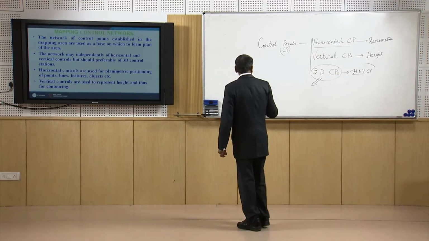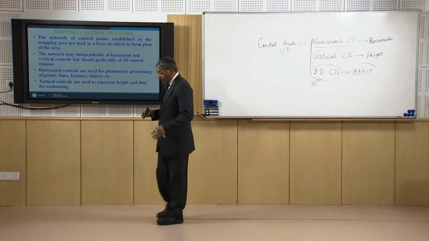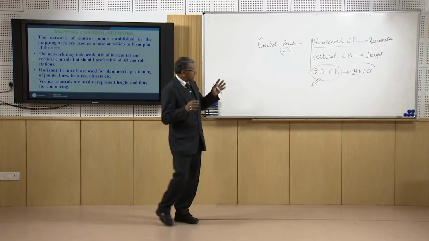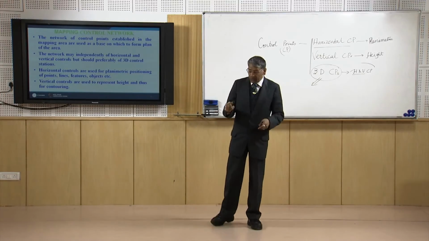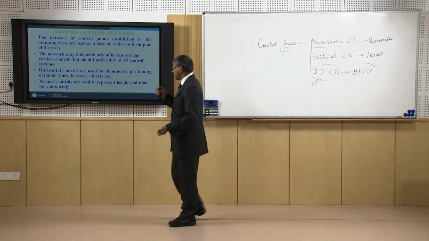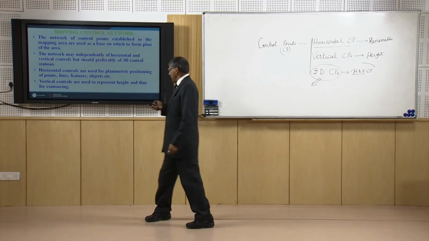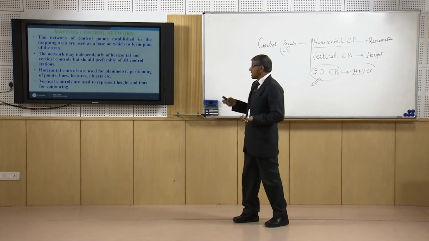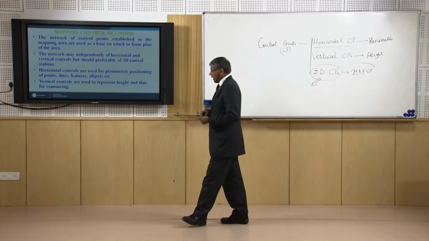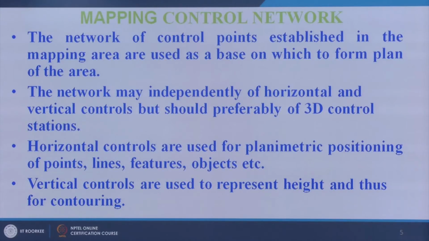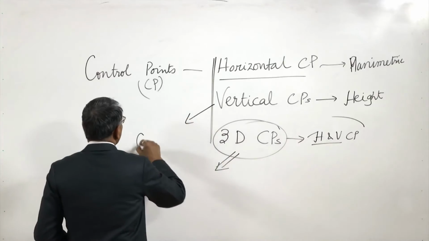So control points are very important, and they have to be very accurately noted down in the map. Also, control points are used for drawing the contours. Vertical control points are used for contours.